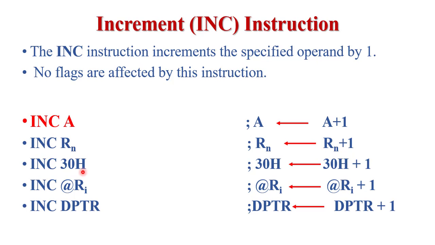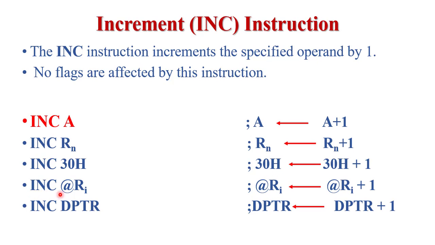Next is INC 30H. This is an example of direct addressing mode because a direct address is given in the instruction. This tells that this memory location is incremented by 1 and the result is stored in this memory location. We do not perform addition in the content. We only increase the memory location.